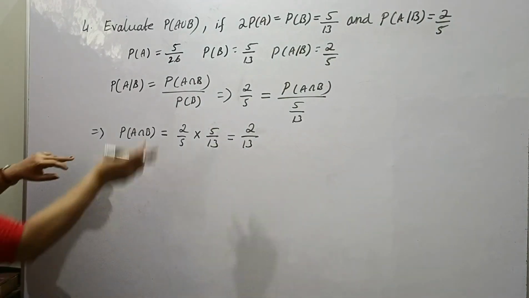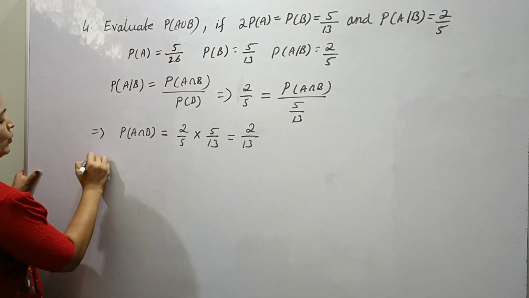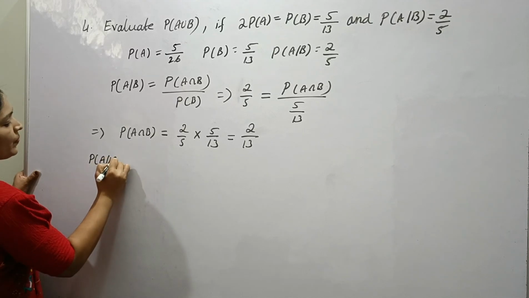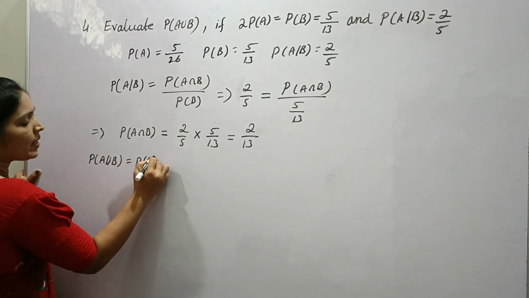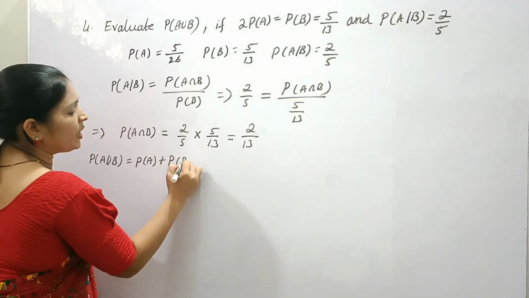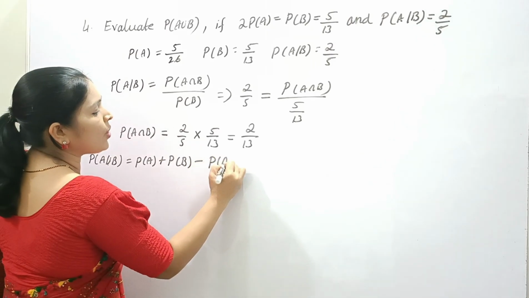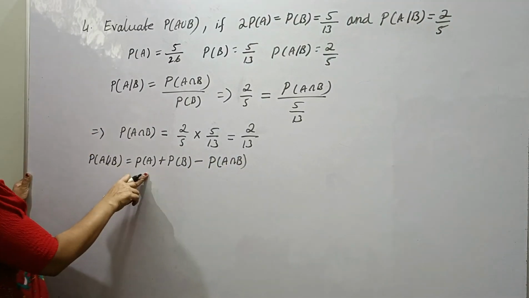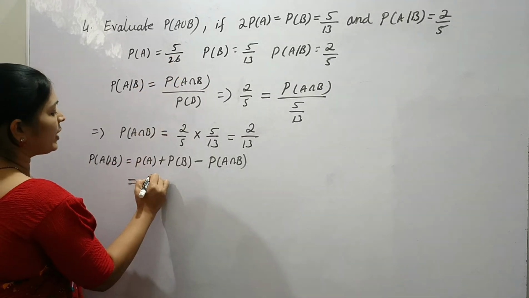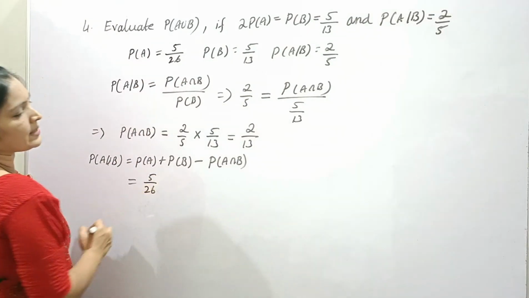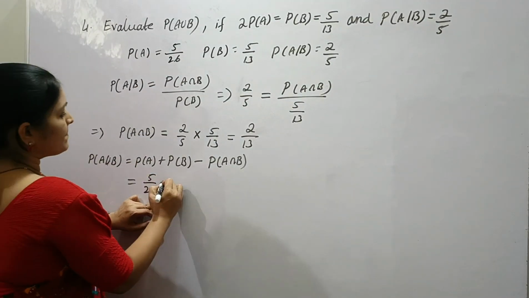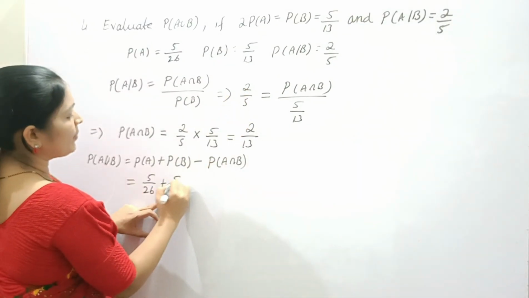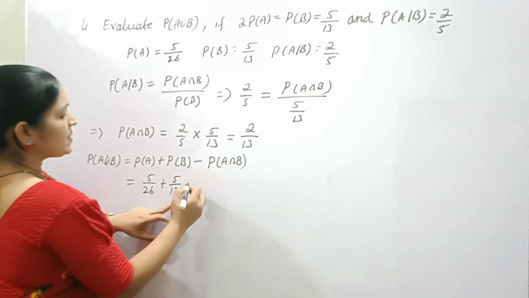Okay. Now let's find probability of A union B. Probability of A union B is equal to probability of A plus probability of B minus probability of A intersection B. That is equal to, what is probability of A? 5 by 26 plus probability of B is 5 by 30, right?